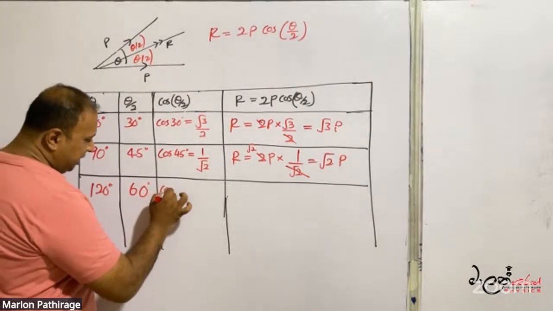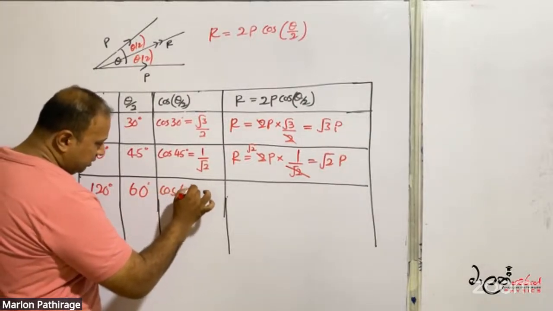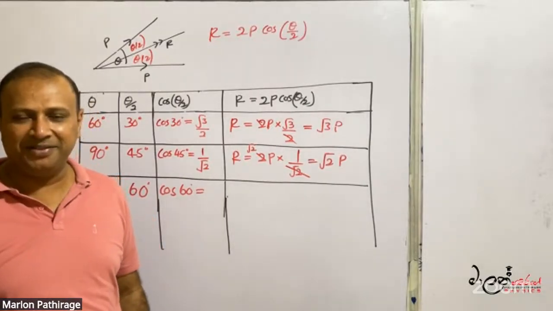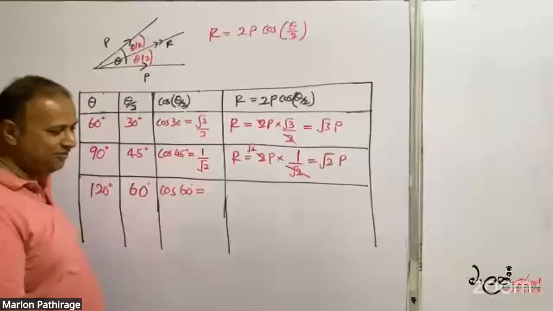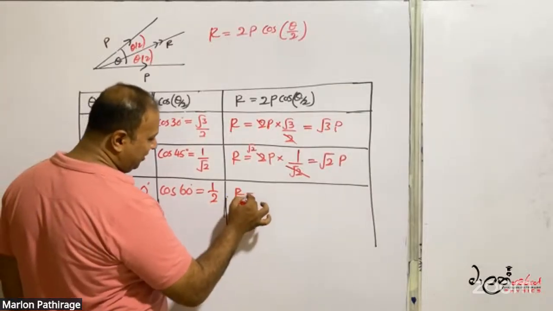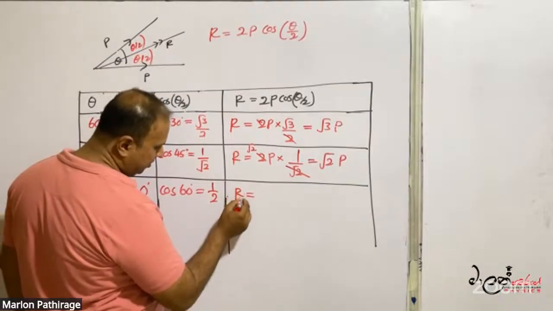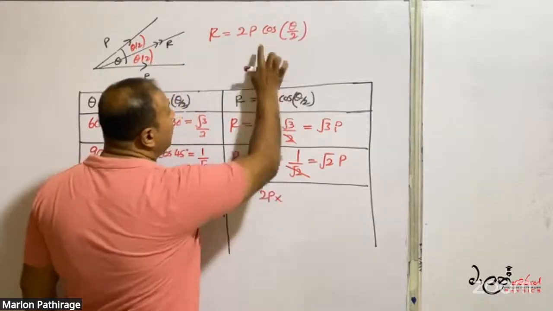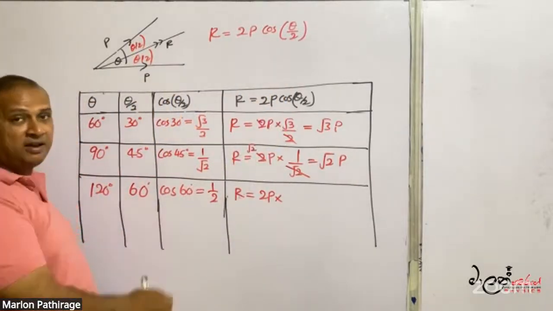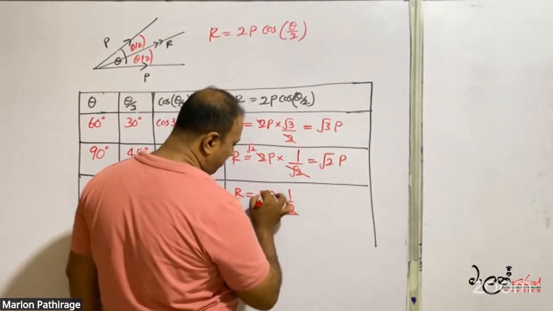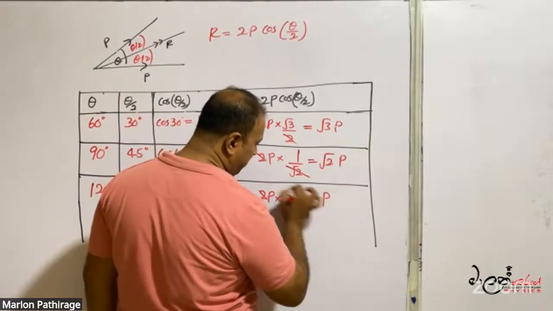Then cos 60 is equal to half. Then R is equal to 2p into cos of half angle, put a half. Then the 2s will cancel out. Therefore, the answer is p.